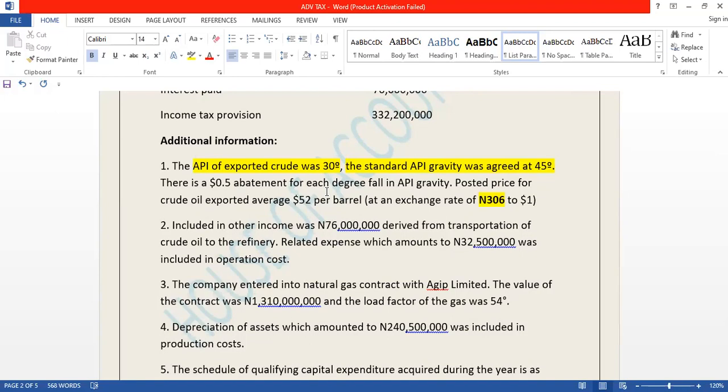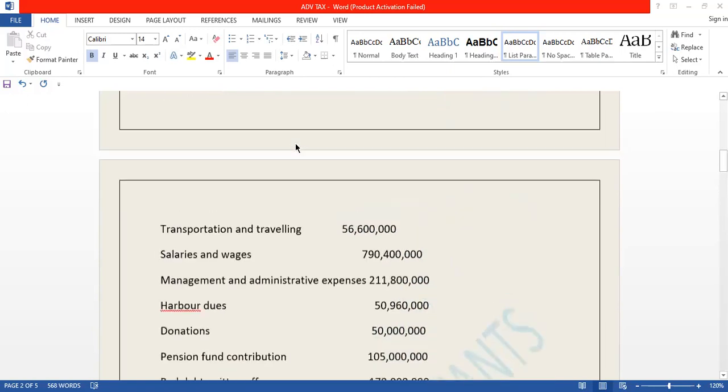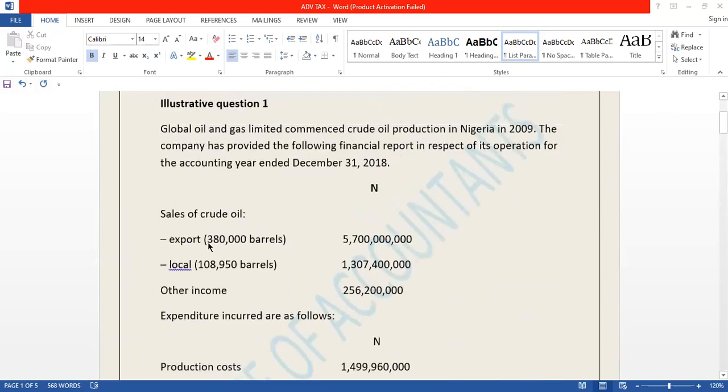What happened is this company sold petrol or crude oil to both external and foreign, that is export and local.